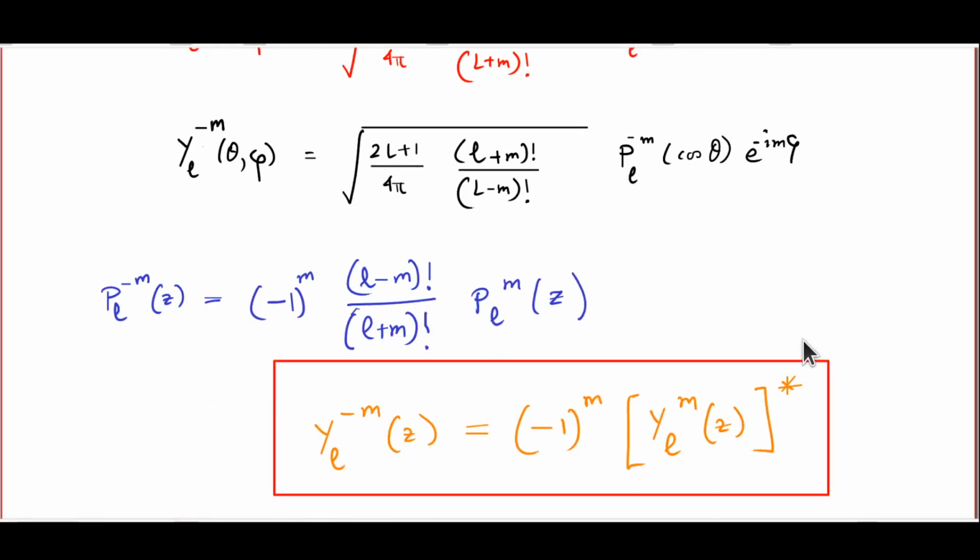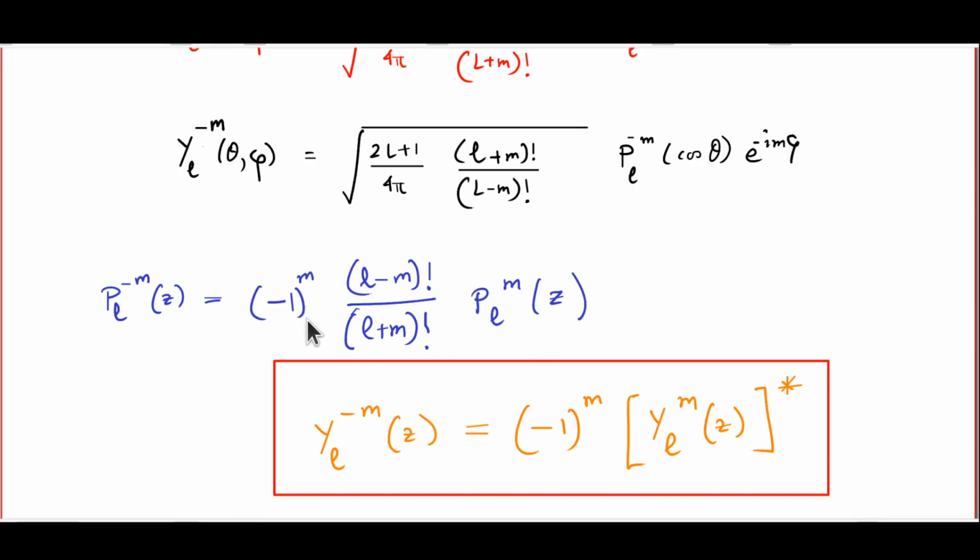But let me remind you that P_l minus m(z) is actually (minus 1) raised to the m times (l minus m)! by (l plus m)! into P_lm(z). So if you take this and substitute this back here, you will notice that the change that had happened in the normalization constant, (l minus m)! by (l plus m)!, will be changed back because of this extra factor that the P_lm, P_l minus m connection gives you.